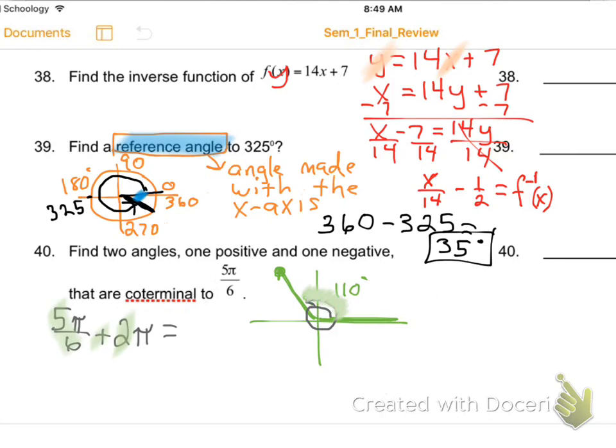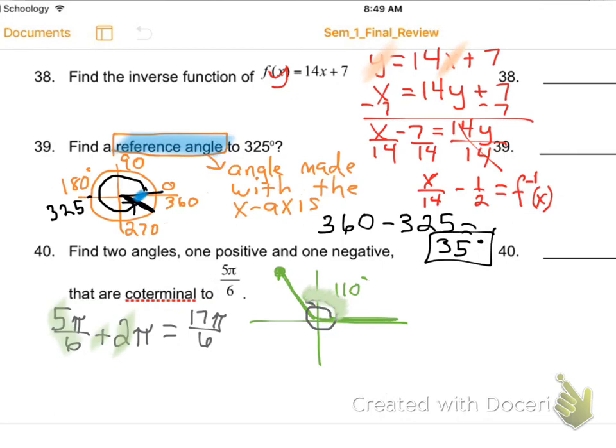Let me repeat that. You are not putting pi in your calculator. When you do this, you end up with 17 pi over 6. So the calculator is going to give you 17 over 6, and you have to remember to put pi back in.